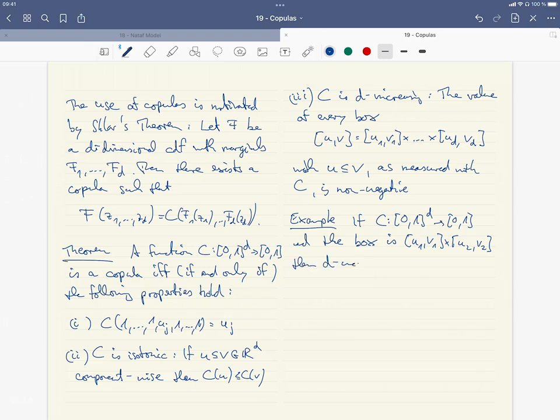Then d-increasing means the following thing.